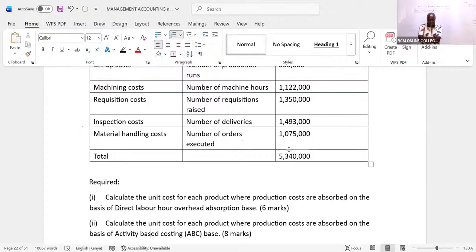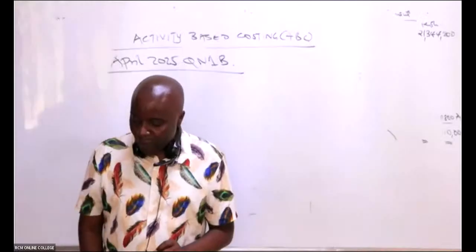I suppose, given the exposure that you have, you can very easily do number 1 on your own. But of course, I know you would want Mwalimu also to do it, so let me do it. They want me to calculate these costs for each of these products by, first of all, apportioning the entire overhead of 5,340,000 using one cost driver, one factor.